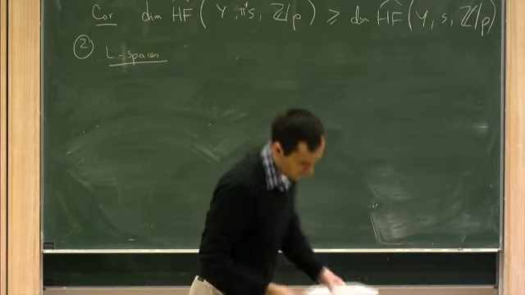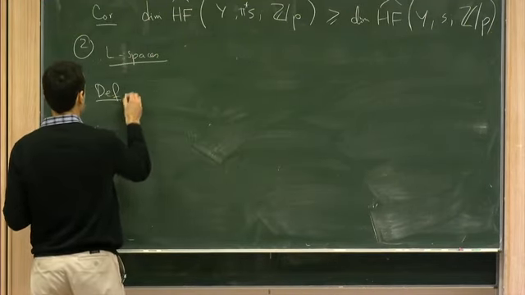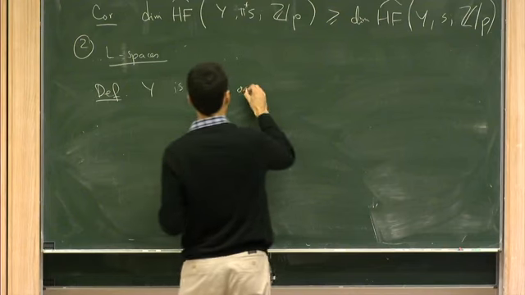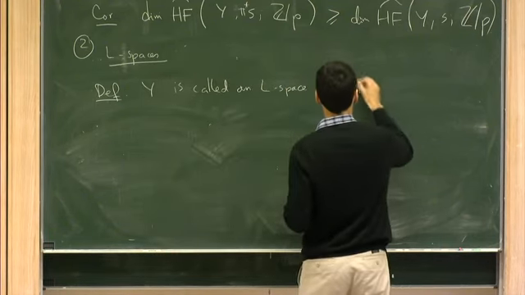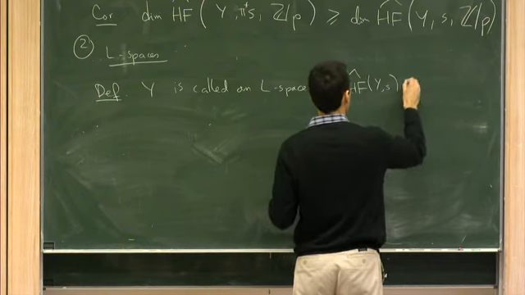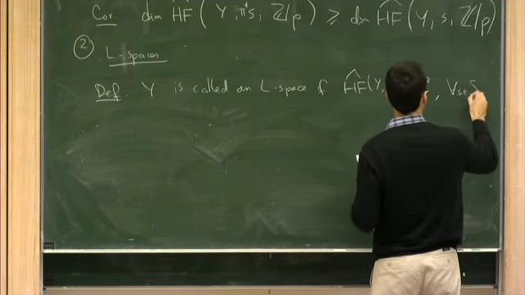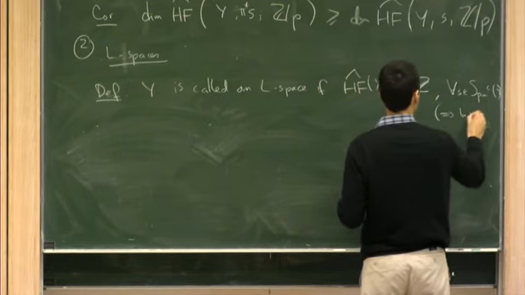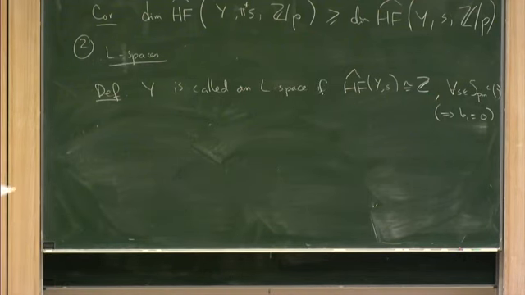Let me remind you, they appeared in some other talks, but a 3-manifold is called an L space if HF hat of Y, s is Z for all spin^c structures. This implies that it's a rational homology sphere, so that's the only kind of 3-manifolds we will consider.